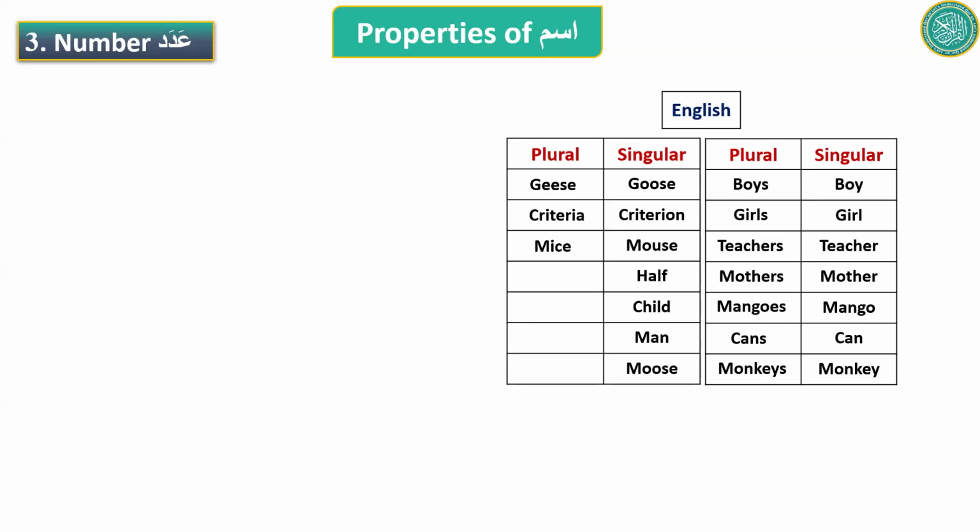Mice. Half, halves. F is gone, replaced by V. So very irregular. Child, children. Man. If can is cans, why man is not man's? Because it's the English language, sir. We cannot change that. We have to just follow that. Moose.